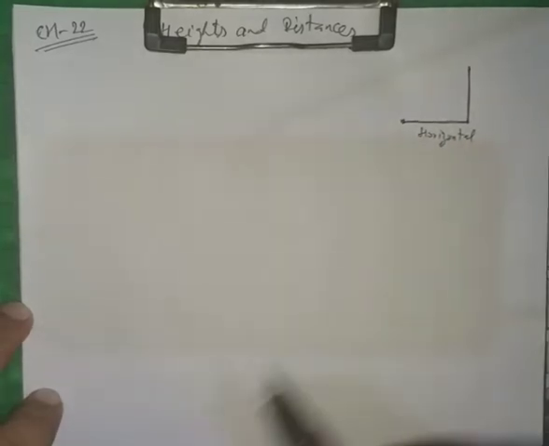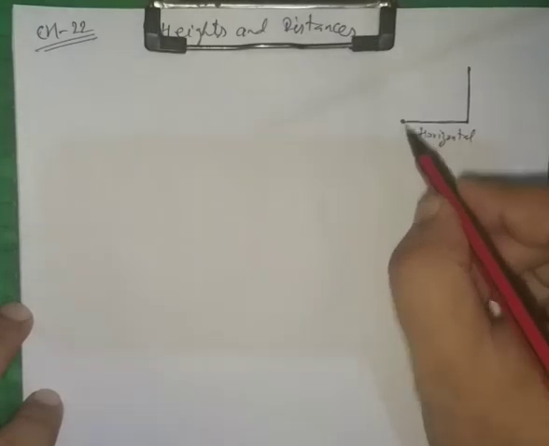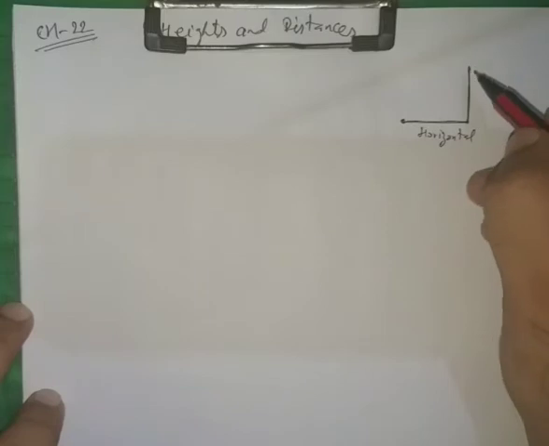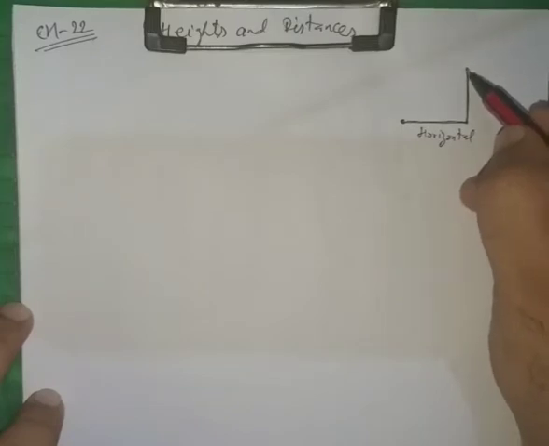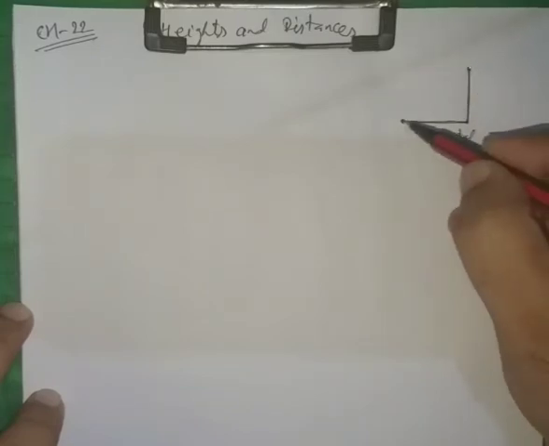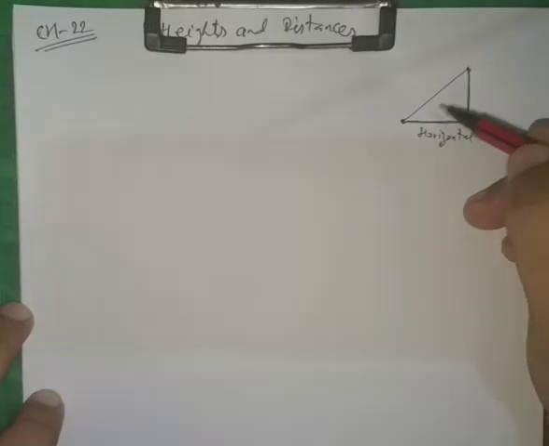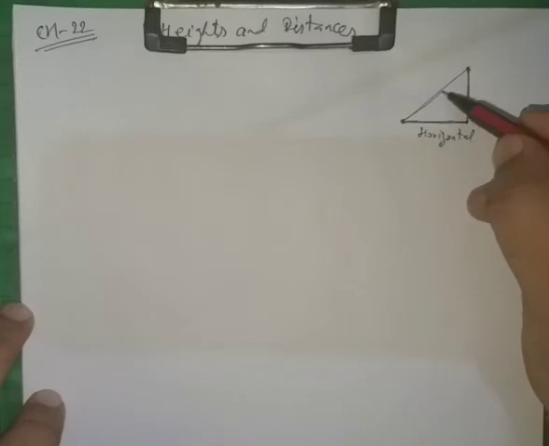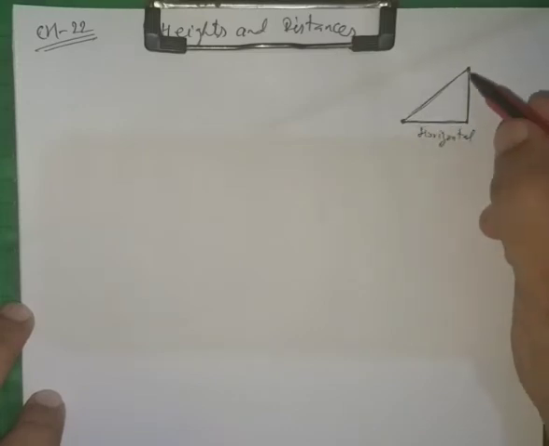And now if I am standing at this point, and if I look at the top of this tower, then this line joining the 2 points is called the line of sight.